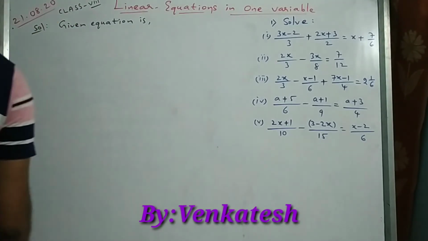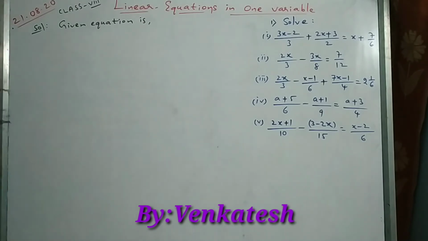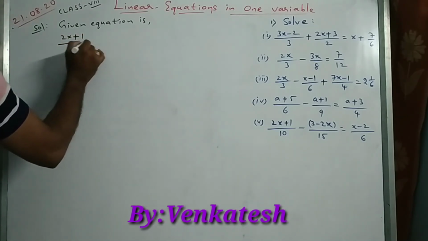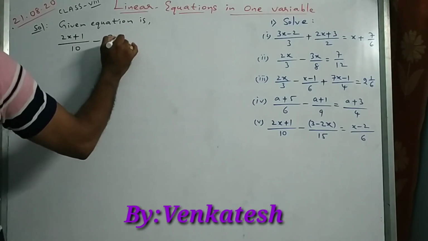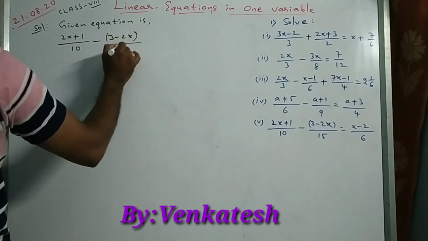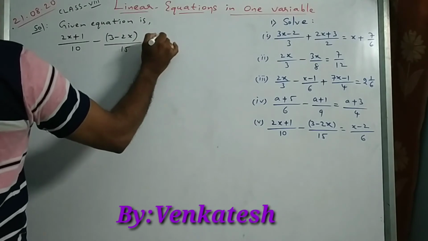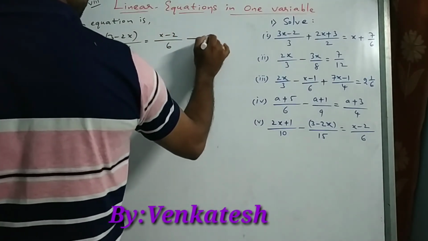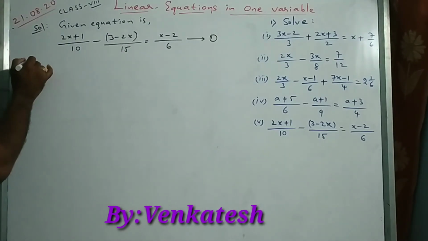What is the given equation here? 2x plus 1 by 10 minus 3 minus 2x by 15 equal to x minus 2 upon 6. Equation 1. What is the LCM?